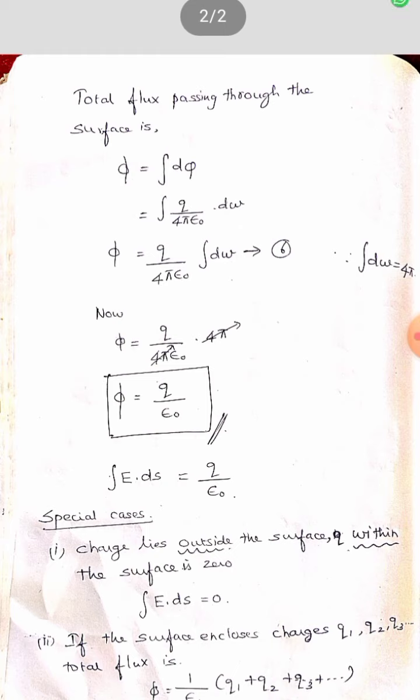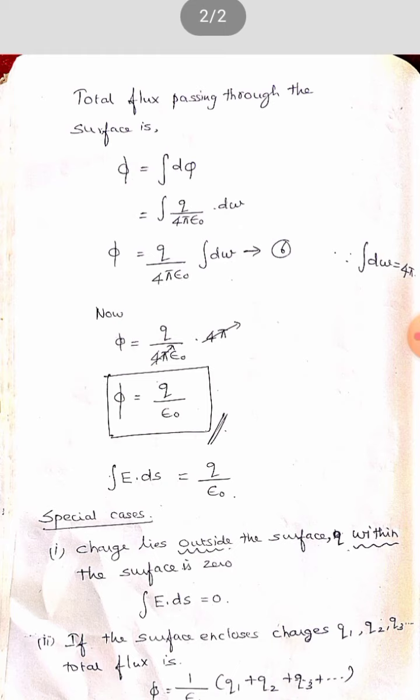If it lies outside that closed surface, this charge will not contribute anything to that particular closed surface. That is, the q term will be equal to 0. Since q is equal to 0, automatically the integral of E dot ds is equal to 0. That is case 1.